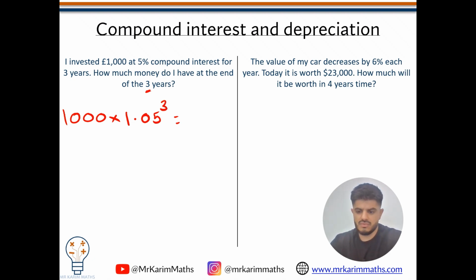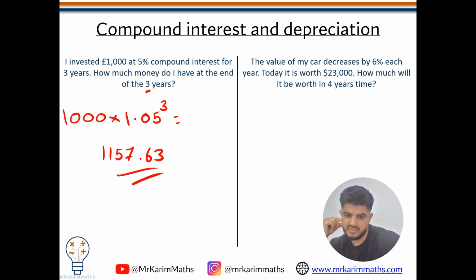So get your Casio calculator: 1,000 multiplied by 1.05 to the power of 3. And wow, look at that: £1,157.63. We get the same answer in one line of working out. You can do either method. You know which one I prefer.